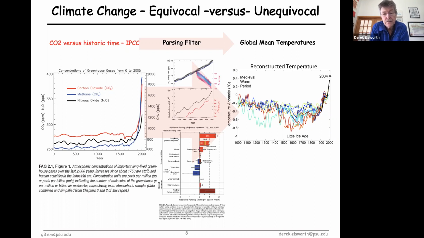And I guess all I'm trying to make the comment for in this slide is that it's necessary to turn that change in concentrations into impacts. The concentrations aren't problematic for us in themselves. It's the ramifications of those concentrations in terms of the greenhouse effect, in terms of how much solar radiation is able to escape back into space after it's shone on the planet, and how quickly that buildup in temperature occurs.